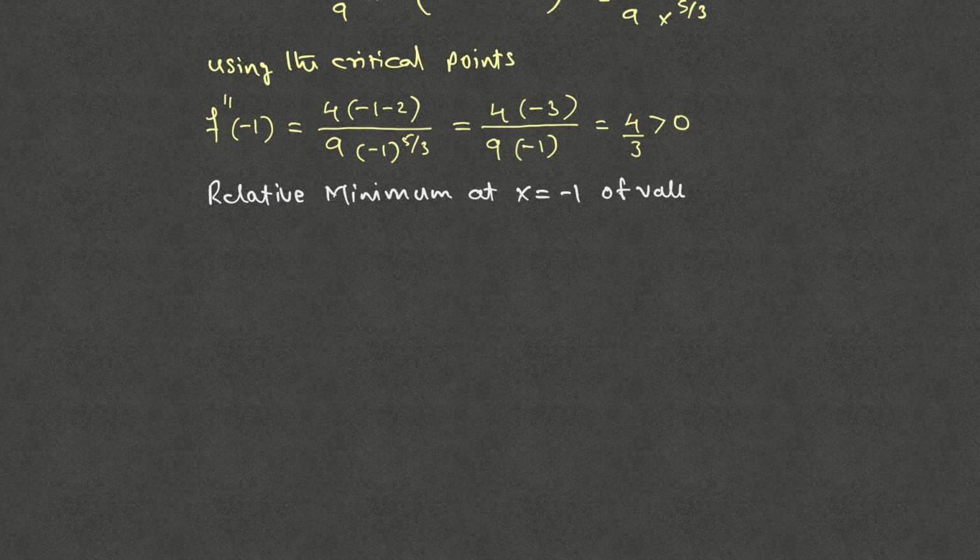And the minimum value is f of negative 1, which equals negative 3.